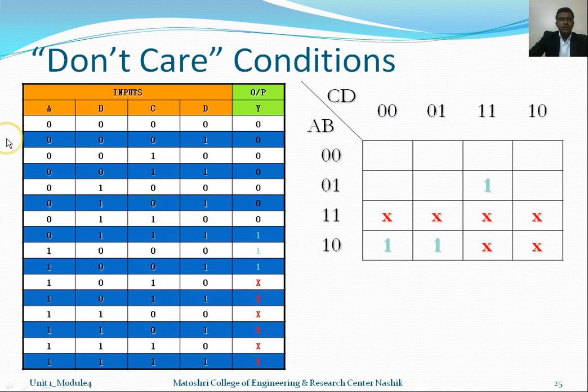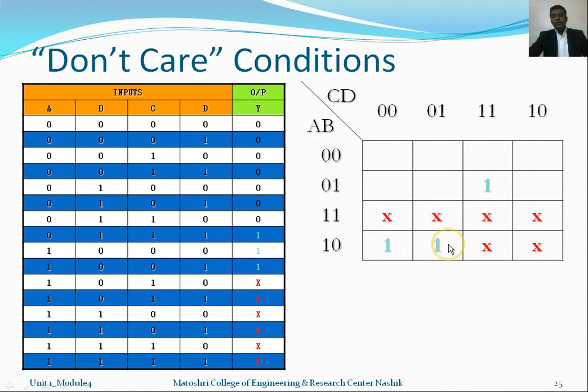For example, this is the output of BCD where the 0 to 9 outputs can be generated, but 10, 11, 12, 13, 14 and 15 are invalid in case of BCD, and there are many more applications where the don't care is utilized.